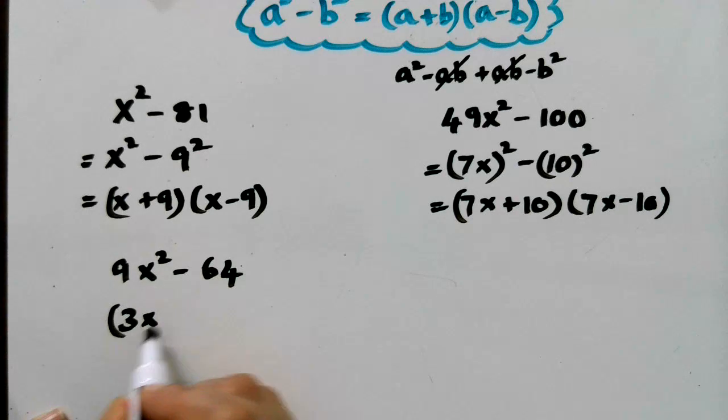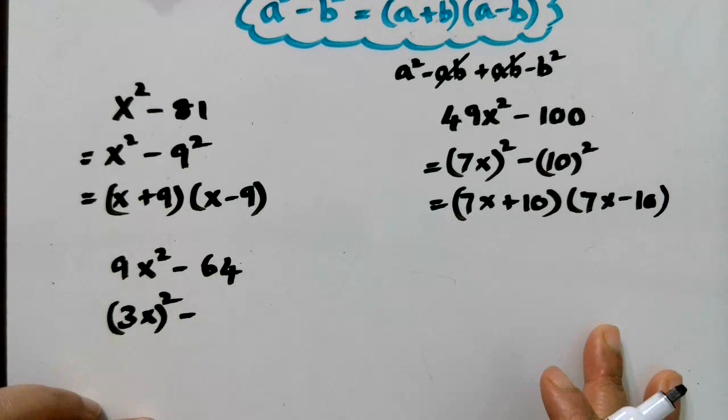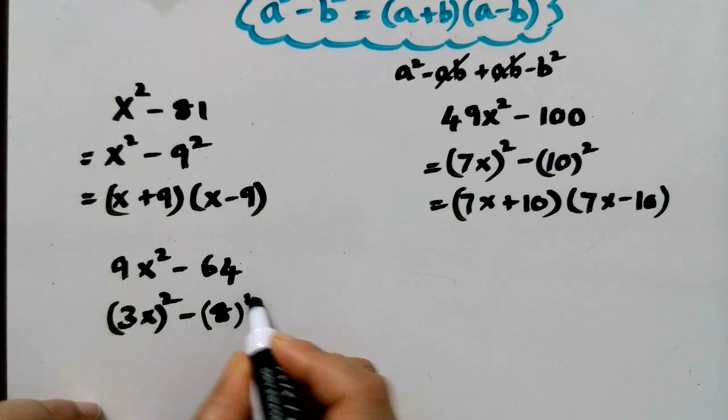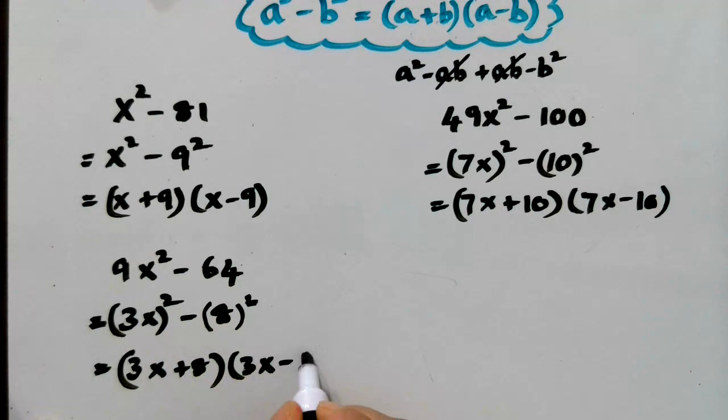So this one would be 3x squared minus 8 squared. And again, this is in the form a squared minus b squared, which would give you 3x plus 8 times 3x minus 8.